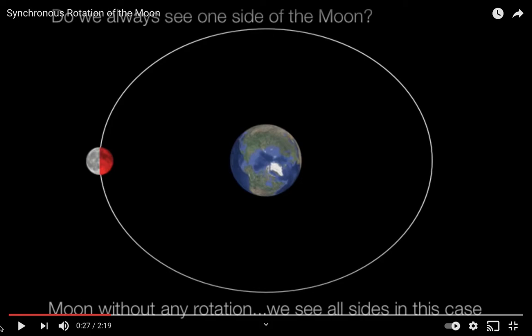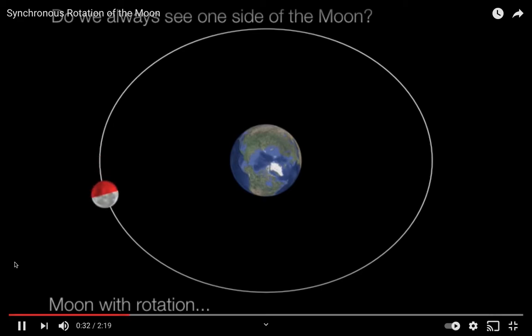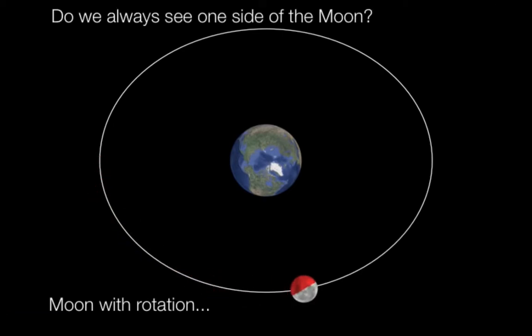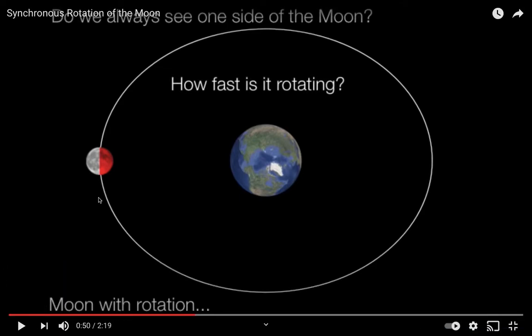So we're going to watch the rotations of the moon, okay? So there's 1, 2, 3, 4, 5, 6, 7, 8.